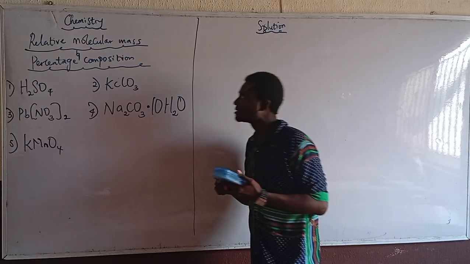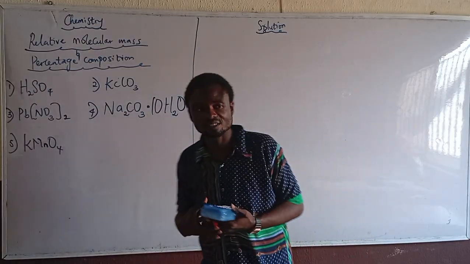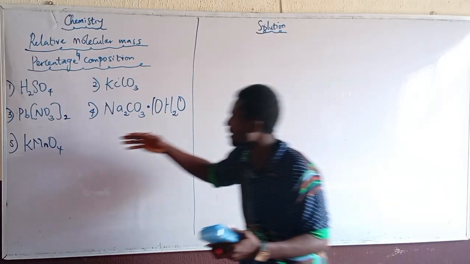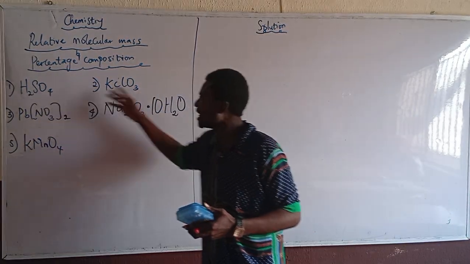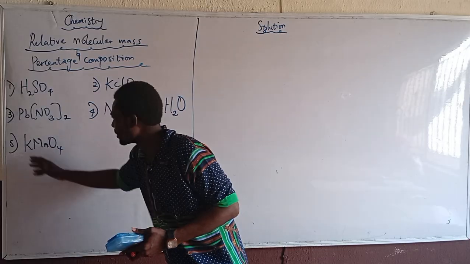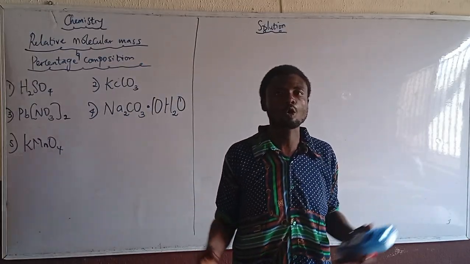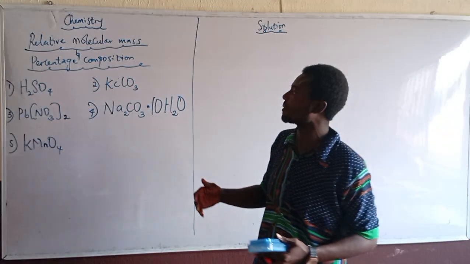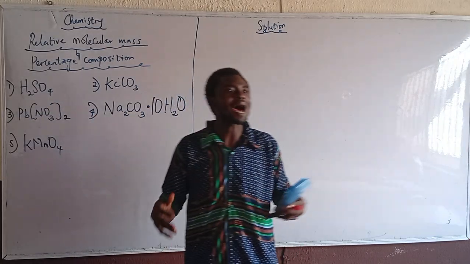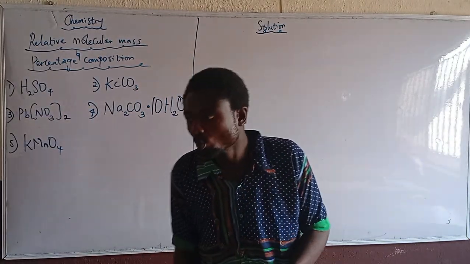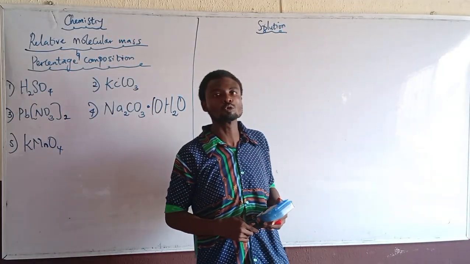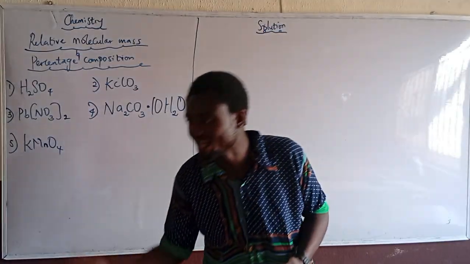When calculating relative molecular mass, it simply means that you are going to add mass numbers of the respective elements you have in the question. All these are compounds, which means that a combination of elements which are chemically bound together are called compounds. Each of the elements, you are adding their mass numbers, which means that as a chemistry student, you should know some mass numbers of elements.